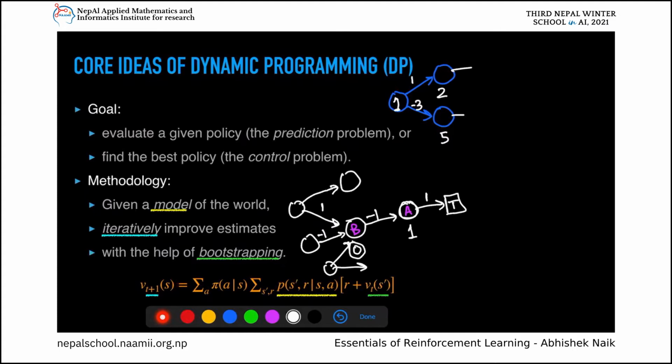Any guesses? What is my expected reward if I take the first action? I'll get 1. And my guess for the sum of rewards from this state on is 2. So my guess for what I get with this action is 3. And my guess for what I get with this action is -3 plus 5, which is 2. So greedily, I will decide that the thing to try is action 1.